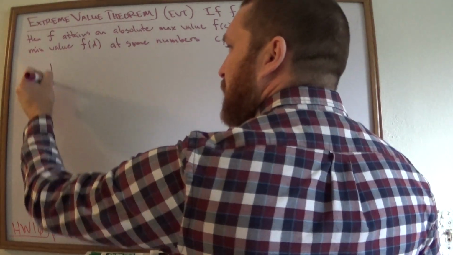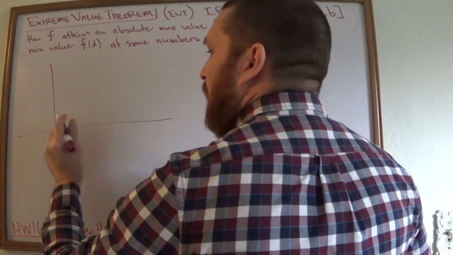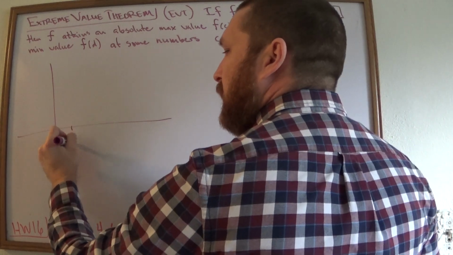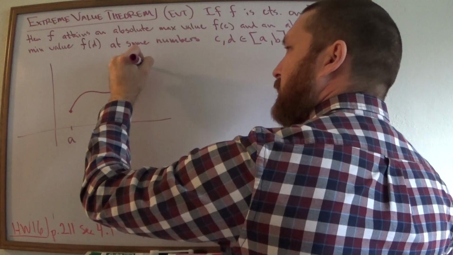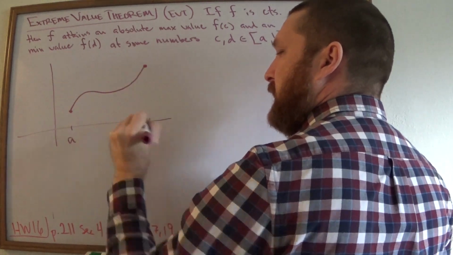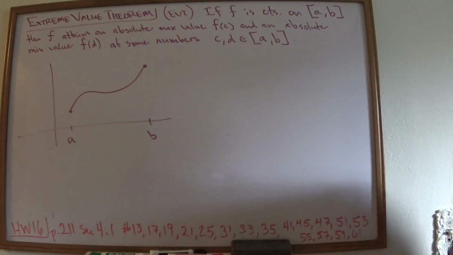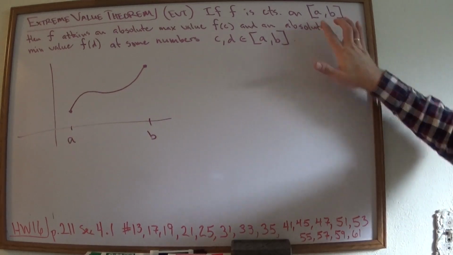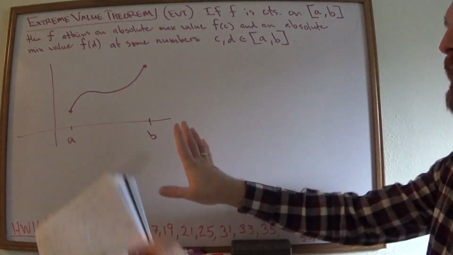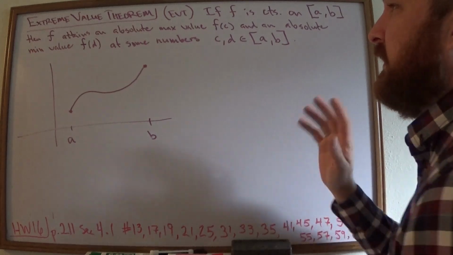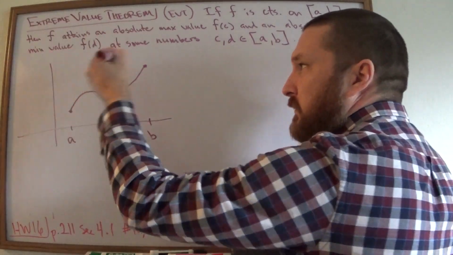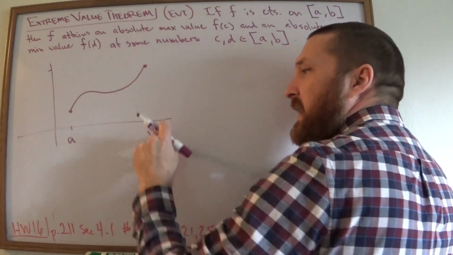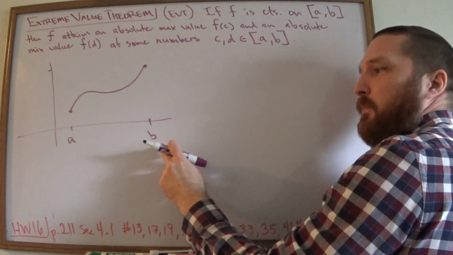So let's say we have a function defined on some closed interval a to b. Now let's say it does this. And again, we're kind of treating this as its entire domain. We're forgetting about everything else right now. We're going to say, okay, then it has an absolute max, whatever the highest value is. And that one happens to be the endpoint.